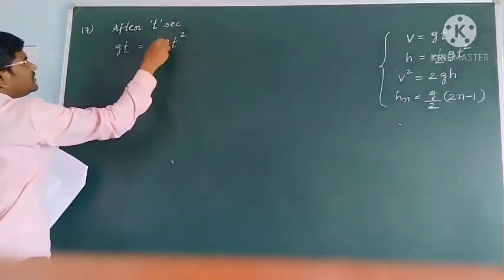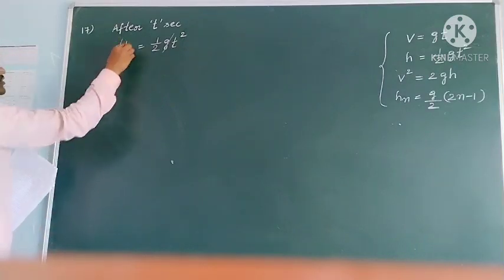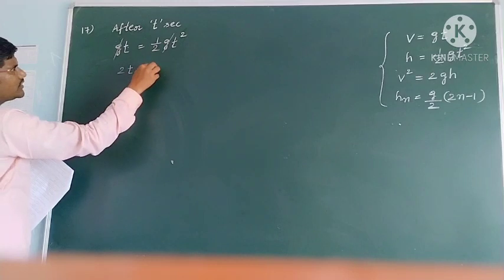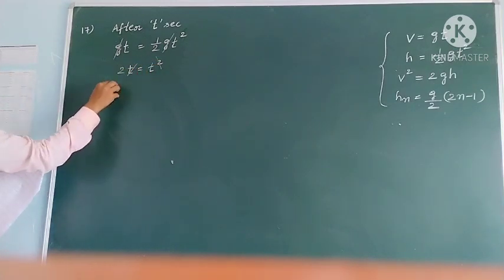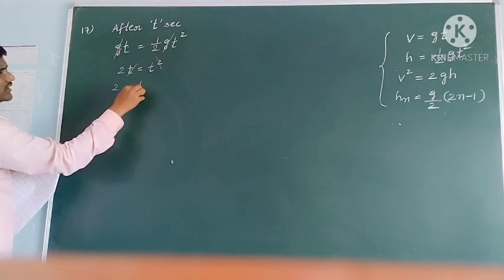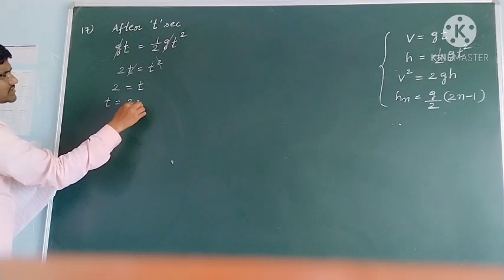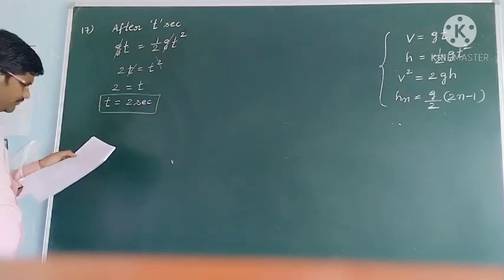So then this g gets cancelled. So 2t is equal to t square, you got it, and this t and t get cancelled. Then 2 is equal to t. So that is the time we got, 2 seconds. So we got the time t is equal to 2 seconds.